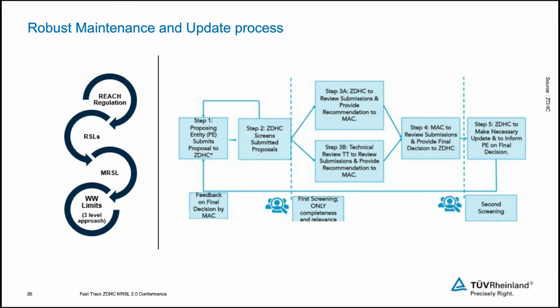Therefore, it's necessary to say that especially the industry should give a proper response on potential candidate list substances. Basically, substances being on the candidate list might not be important to you, but if this candidate list substance becomes an MRSL substance, it could have an impact on your products or maybe even on your production.